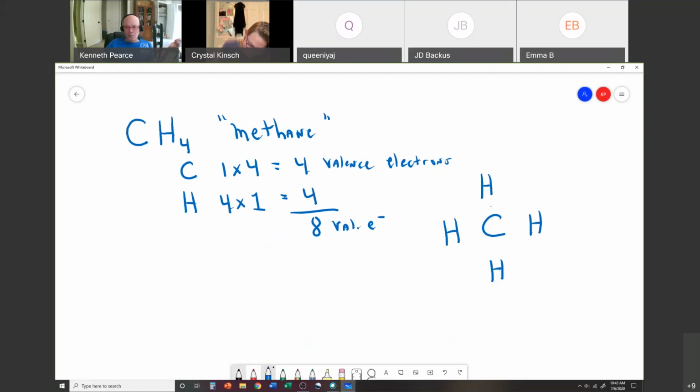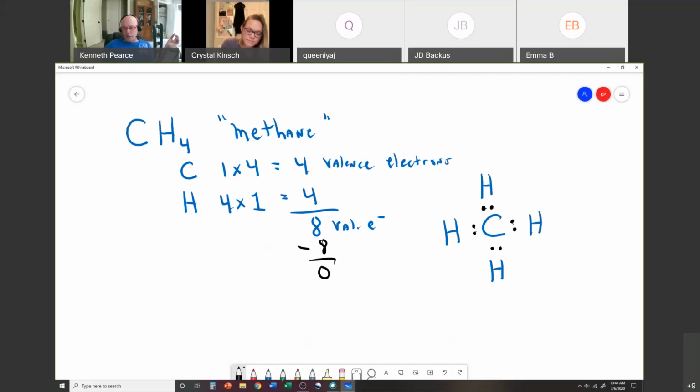So here's a bond. We're going to glue them on in a sense, because this is what's holding them on. There we go. We made 2 electrons per bond. We glued on each hydrogen. There's 4 of them. How many electrons did we just put down? We put down 8. We have none left.